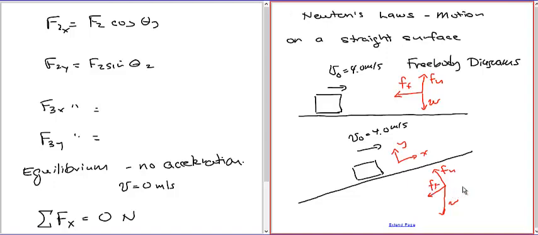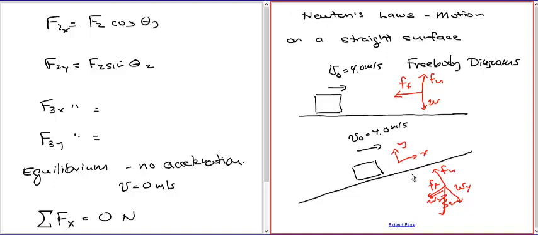And of course what you do is you take that weight and you break it up into two components. So you'd have W sub y and W sub x going this way, and you'd get rid of W. So when it's sliding up the ramp, it's slowing down because of the friction force, and it's also slowing down because of the x component of the weight.